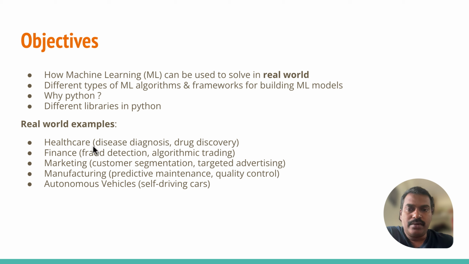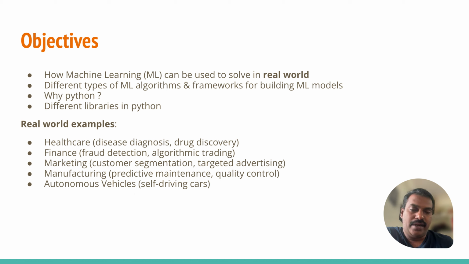So if I talk about healthcare, machine learning can help identify a new drug, you can discover a drug that will be helpful, and you can diagnose a disease. In the finance sector you can detect fraud. When we are making online payments, it will detect the fraud.